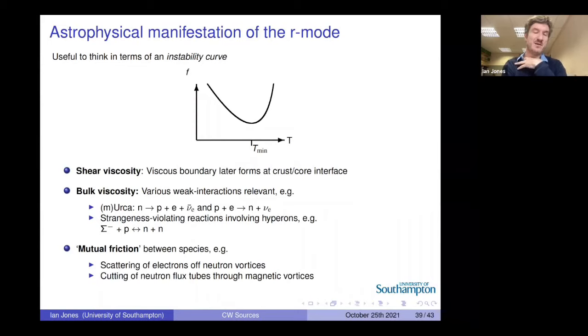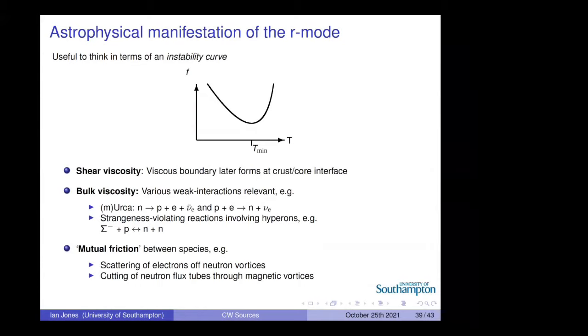And then there's a variant on it that people may or may not call mutual friction, which is that if, in addition to having neutron vortices, you've also got superconducting protons, then the magnetic field of those protons forms magnetic vortices, and you can then get dissipative interactions between the flux tubes in the neutrons and the magnetic vortices in the protons. So that's a variant on mutual friction. It's not terribly temperature dependent, though.